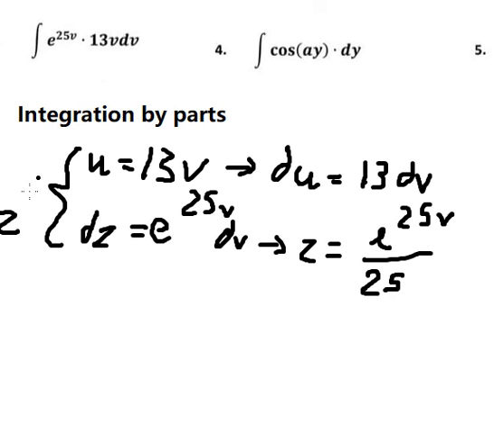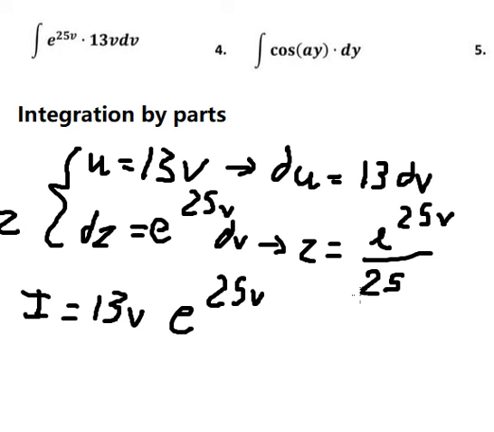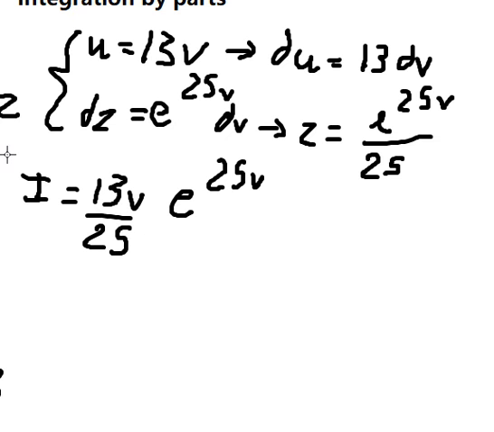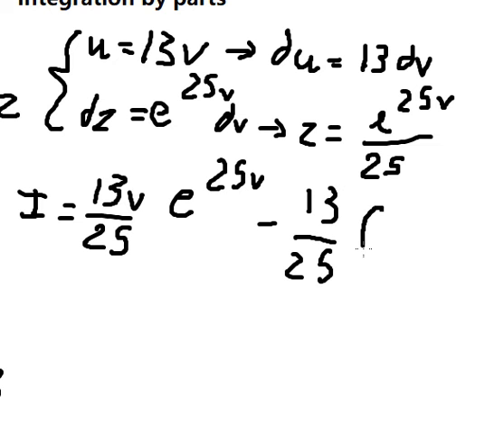Now, in this situation, I will use u multiplied by z, and we have 13v e to the power of 25v over number 25. Now, the next one, we have the u multiplied by z. So we have the negative sign here. And we have the integration of e to the power of 25v, and we have dv.